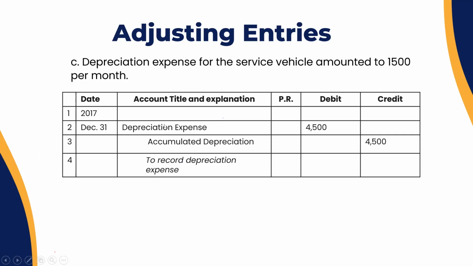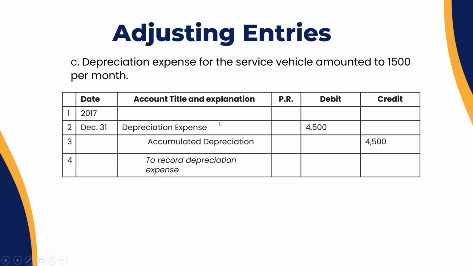As I said earlier, when you want to record expenses, always on the debit side. Depreciation expense, 4,500. What's your credit? Accumulated depreciation, 4,500. Yung depreciation expense, yun yung expense account mo na for every depreciation amount or value ng property na nag-depreciate every time, from year, monthly.